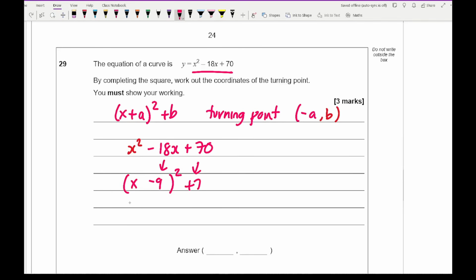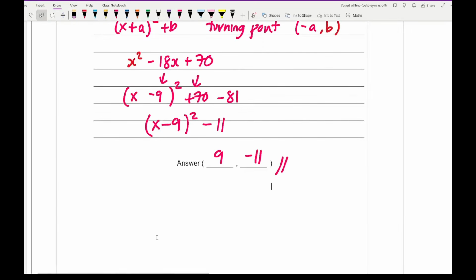We continue the 70, but we take away whatever number is inside the bracket squared. So we take away 81, leaving me with (x minus 9) squared minus 11. So therefore, that minus 9, minus a, if a equals minus 9, is going to be positive 9. And our number at the end is minus 11. And there is my final coordinate and the last question of this paper.